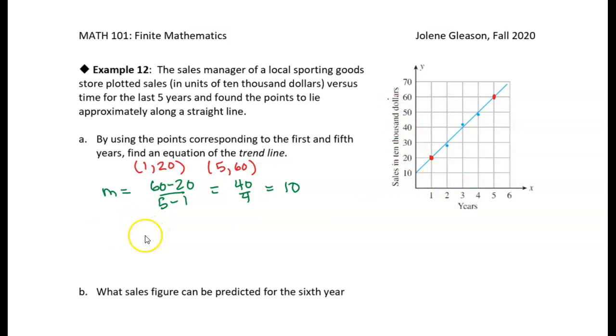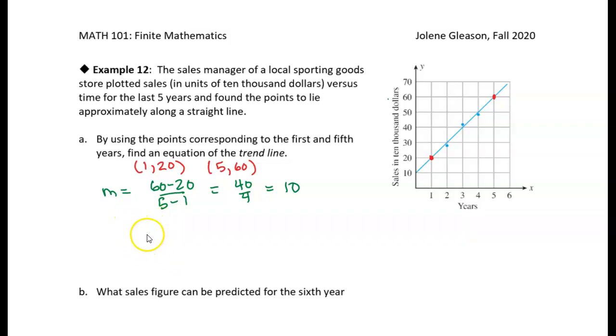Now we have the slope, and so we can use the point-slope form of a line. I just have to pick one of these points. It doesn't really matter which point I pick. They'll both give me valid equations for the line. If I get the equation and then rewrite it in slope-intercept form, you'll see that they're the same.